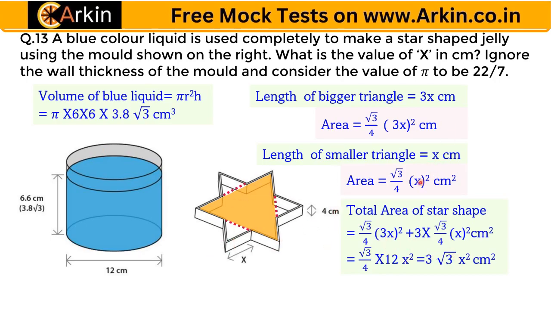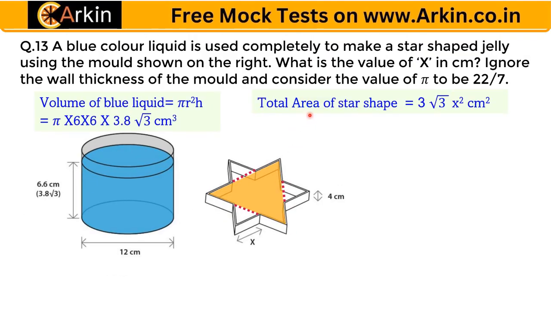So root 3 by 4 into 3x whole square plus 3 into root 3 by 4 x square. If we take 3 root 3 by 4 common, it will be 9x square plus 3x square, so 12x square. So this will come as 3 root 3 x square. So this is the area of this star.